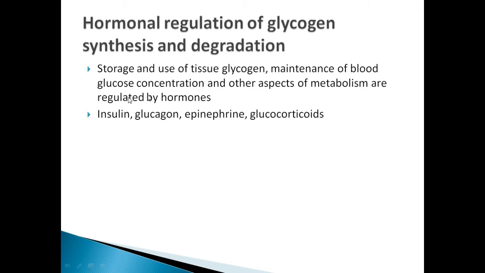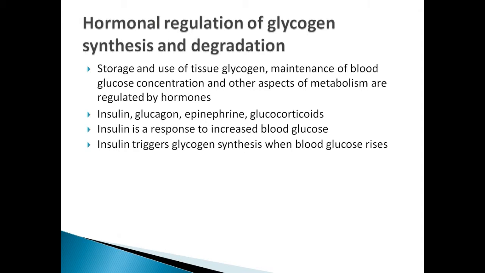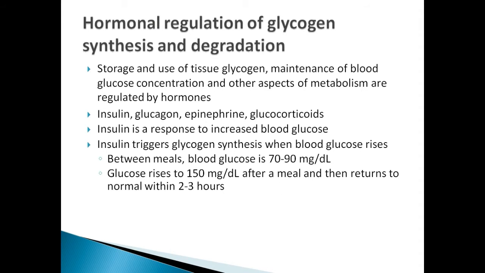Now, in the previous lecture we discussed the role of glucagon in gluconeogenesis, and we will focus a little bit more on insulin here. Insulin is a response to increased blood glucose. It triggers glycogen synthesis when blood glucose rises. Between meals your blood glucose level should be between 70 and 90 milligrams per deciliter.